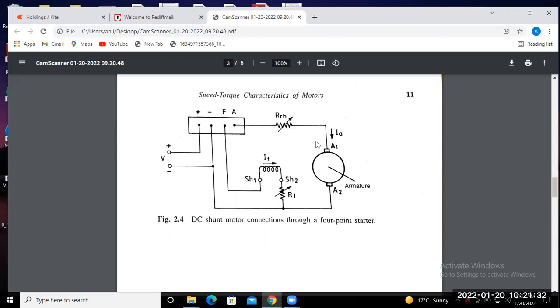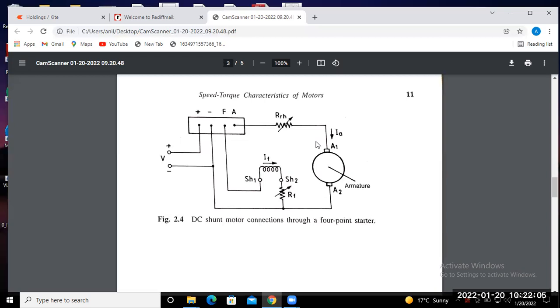So this is the circuit diagram of the DC shunt motor, and we want to derive its speed torque characteristic, how speed and torque are related to each other. You can derive the relation with the mathematical voltage equation by substituting the values of back EMF and torque.